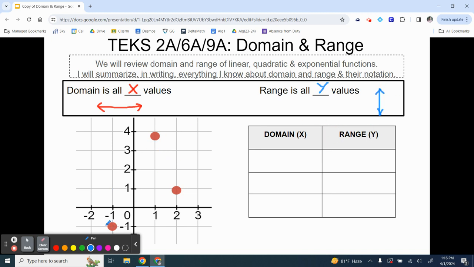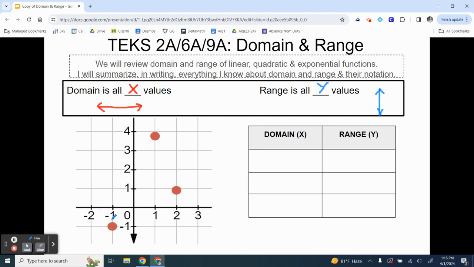Now, when you see dots on the graph, this is what is known as a discrete function. All right, so what you're going to look for, the domain first. Remember, this is our x values, so everything from the left side to the right side. So if I look at these dots and I'm looking for my domain, just go step by step. Look at this dot right here.